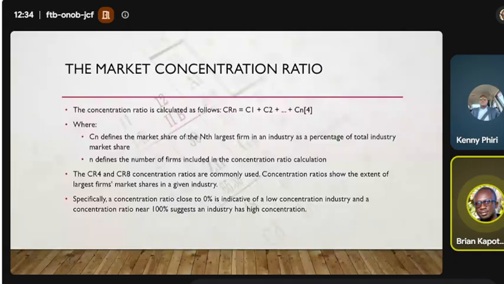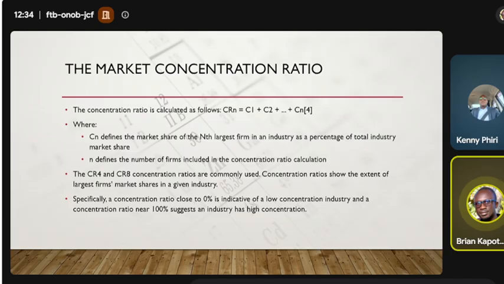So in this formula, the one I'm showing, the CRn is the concentration ratio for the largest firms. So you need to have information of those largest firms by their percentage share. C1 is the market share of the largest firm.